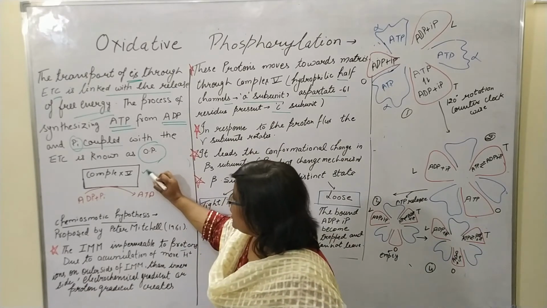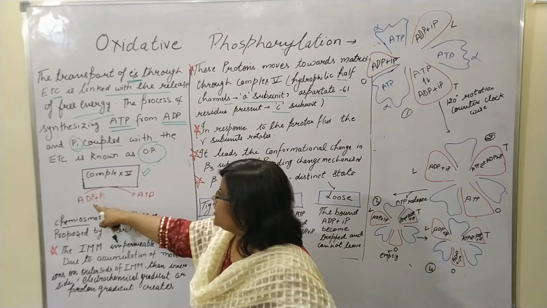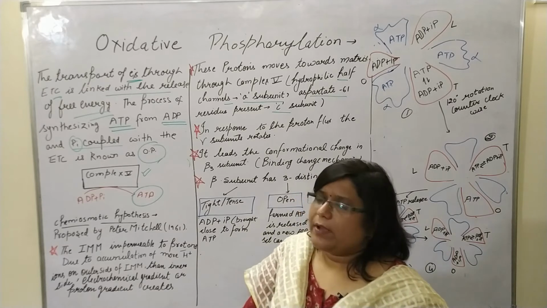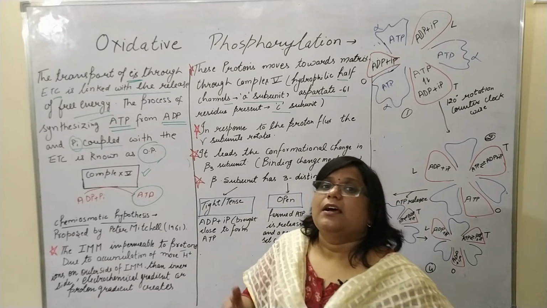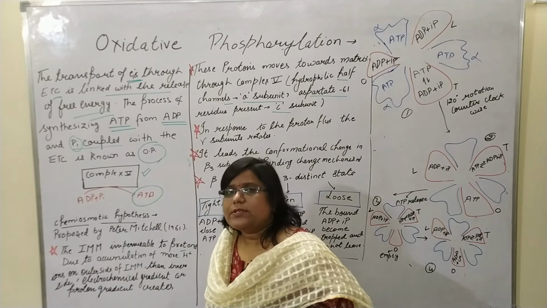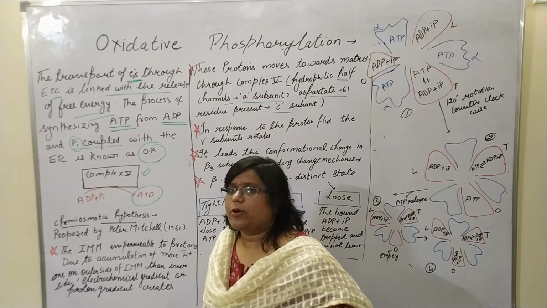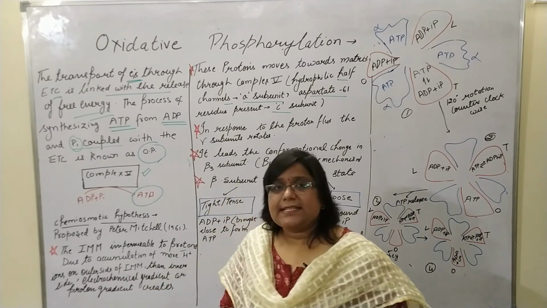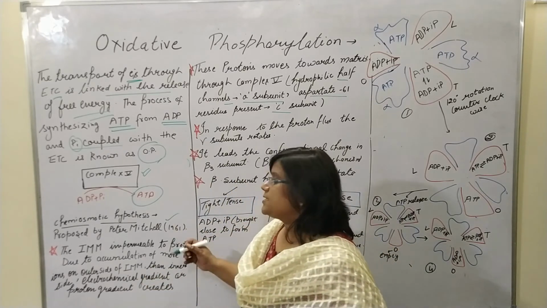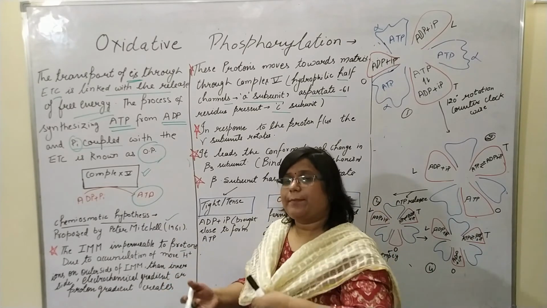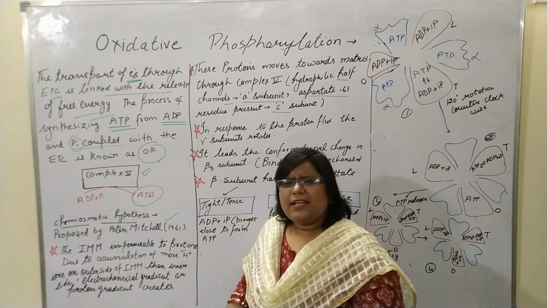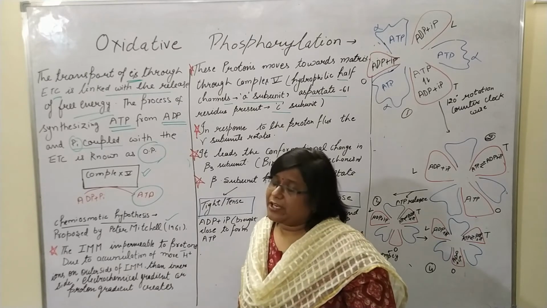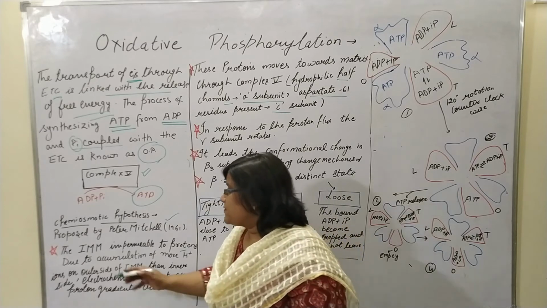In short, in complex 5, the ADP and the inorganic phosphate are formed into ATP. There are many mechanisms proposed for oxidative phosphorylation, but the most acceptable theory is the chemiosmotic theory, proposed by Peter Mitchell in 1961. This chemiosmotic hypothesis can explain the generation of ATP to a very large extent.